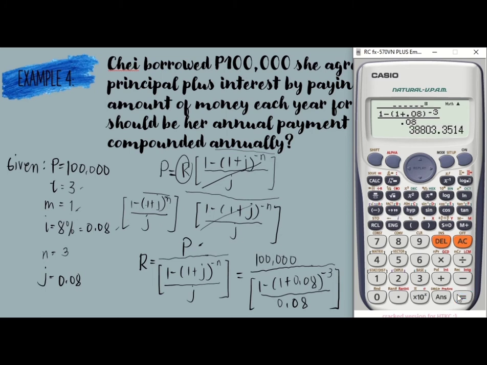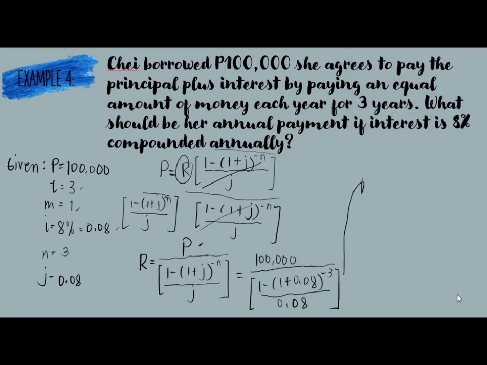So, ang total amount is 38,803.35. So, yung babayaran niya daw kada taon or yung magiging regular payment niya is 38,803.35. Yun. So, for 3 years, ito yung babayaran niya.